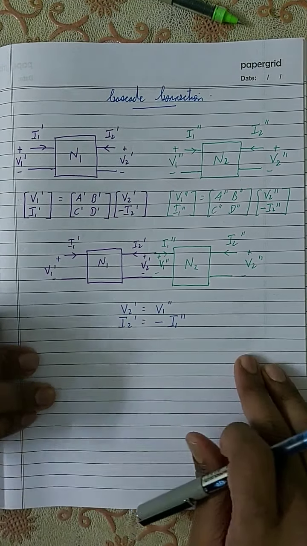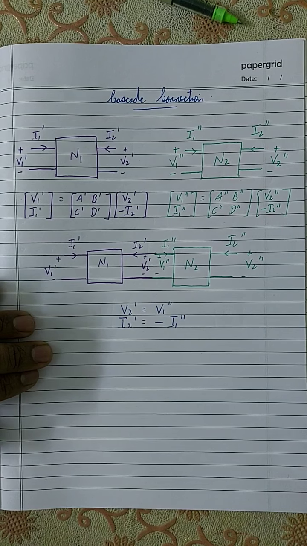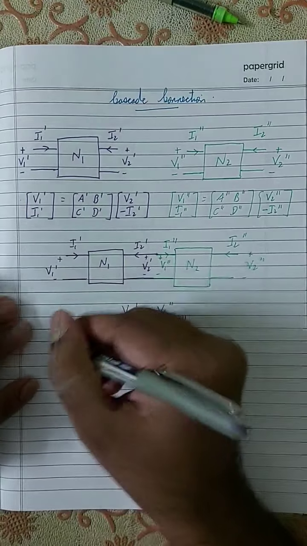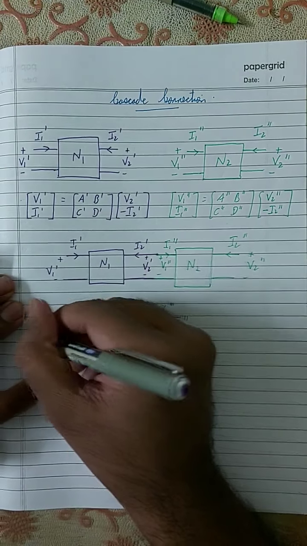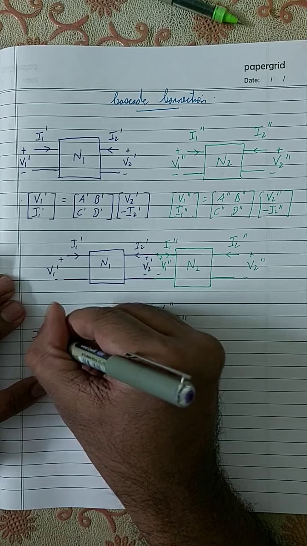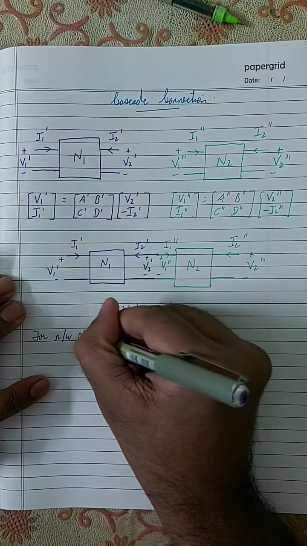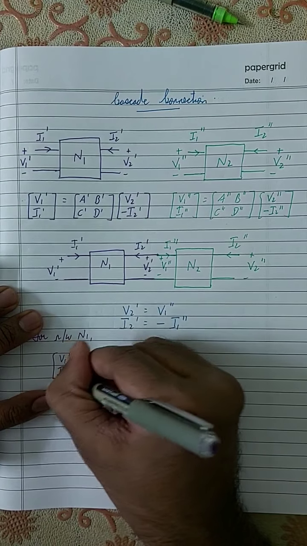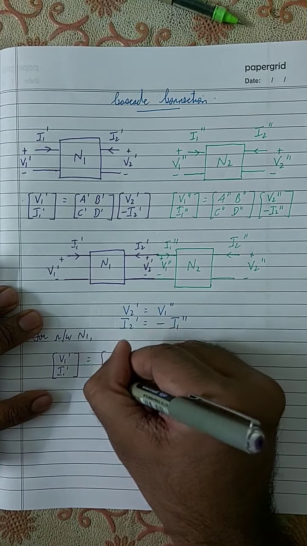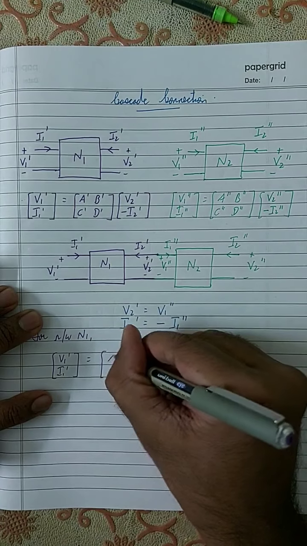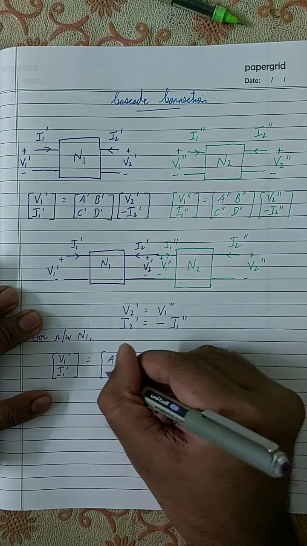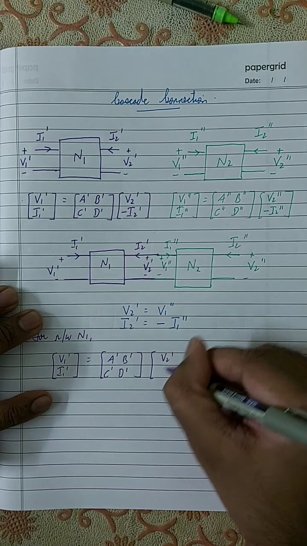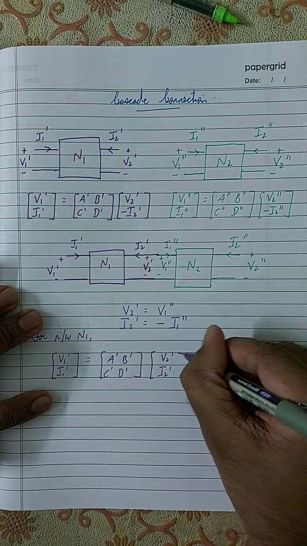First I am going to write the ABCD parameters of the first network, N1. We can say that [V1 dash, I1 dash] is equal to the matrix [A dash, B dash, C dash, D dash] into [V2 dash, minus I2 dash].